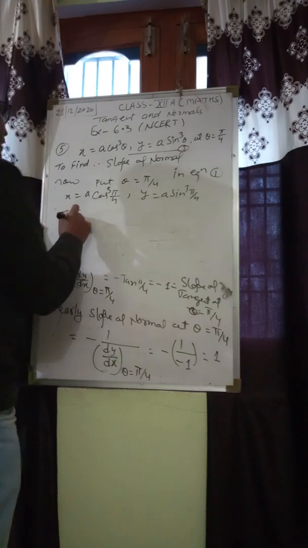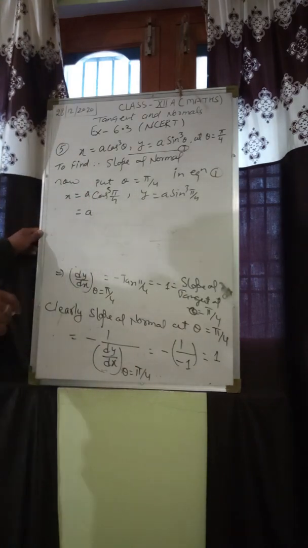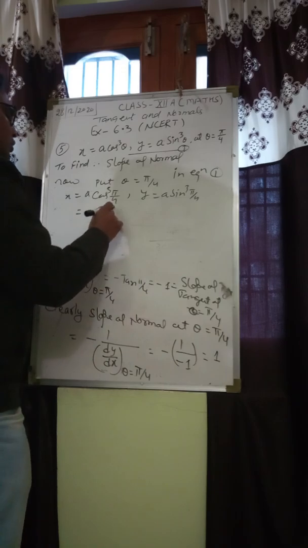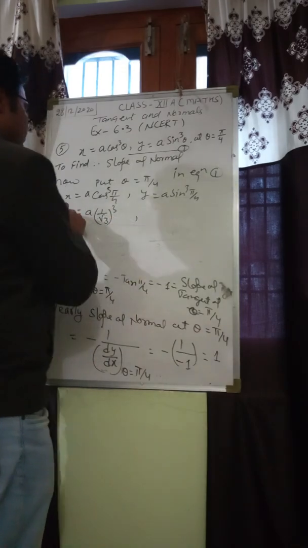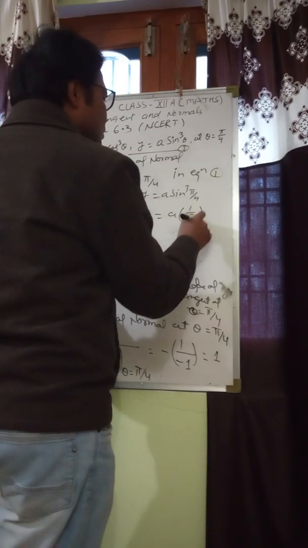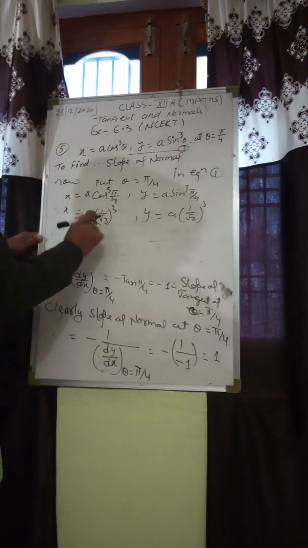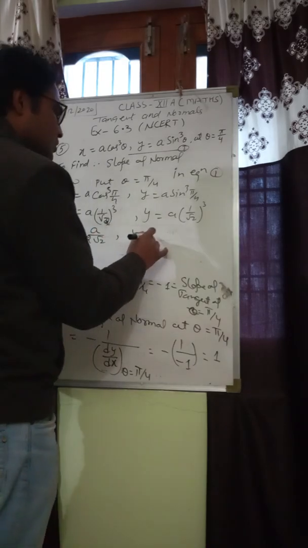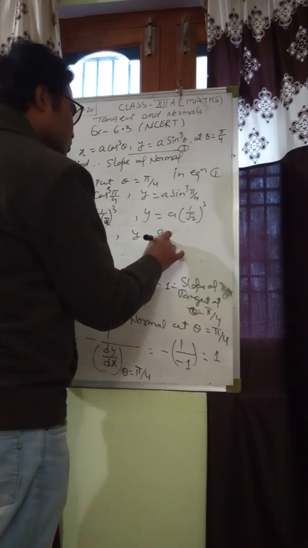We know that cos pi by 4 is 1 by root 2, so 1 by root 2 whole cube. And y is equal to a sin pi by 4, again 1 by root 2 whole cube. So x is a upon 2 root 2, and y is equal to a upon again 2 root 2.